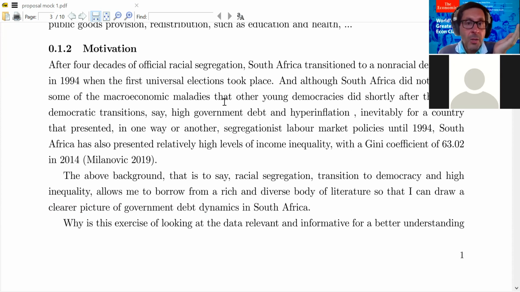So there is a lot of motivation for this subject. There are different political regimes, different median voters. There was a transitional period. There is a lot of inequality. So there are different ways that you can motivate a particular subject.